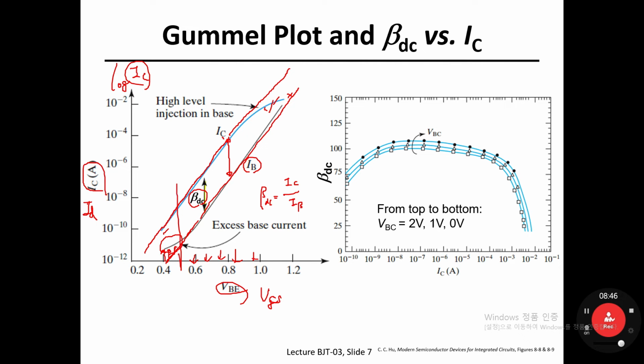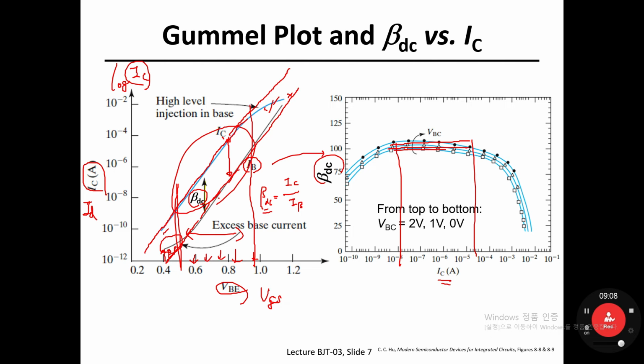But from here to maybe here, in this voltage range, the beta DC is quite constant. So if I draw the beta DC versus IC, then a very flat regime can be found from here to there. That is corresponding to this regime.